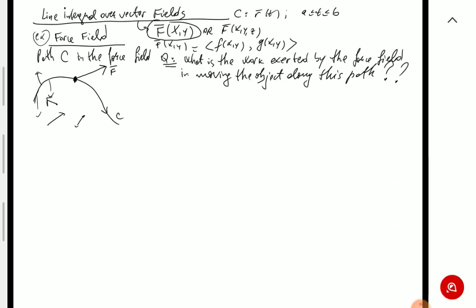So let's say right at this point, the direction of motion is given by the unit tangent. Remember, the unit tangent is the default way of indicating the direction of motion. So T is the unit tangent.